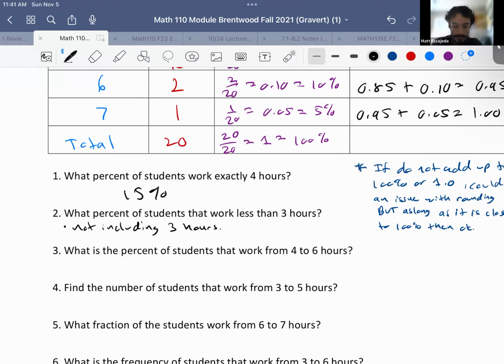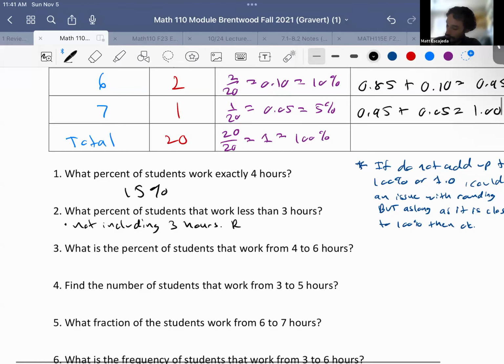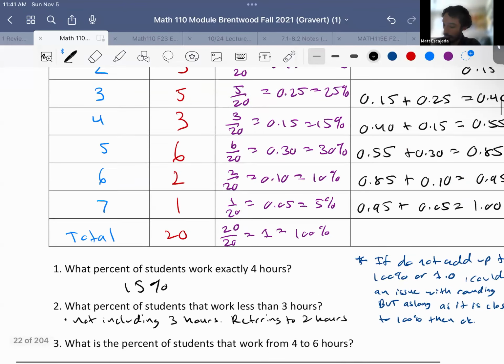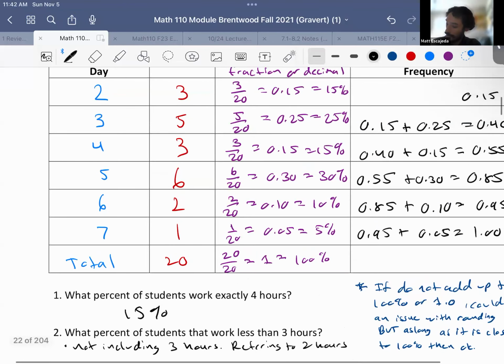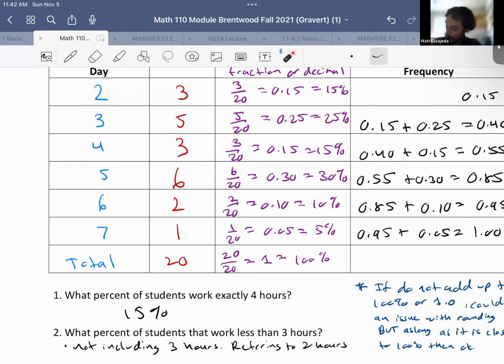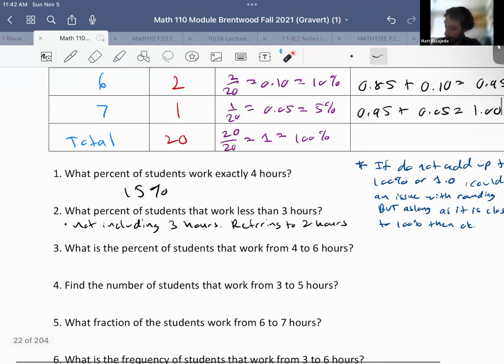That means you're referring to 2 hours. You work less than 3 hours, so everything before three, and that's just 2 hours per day, which is just 15%. Okay, so the answer is 15%.